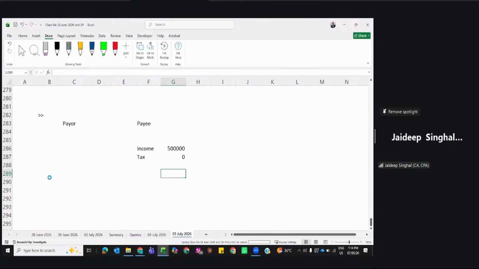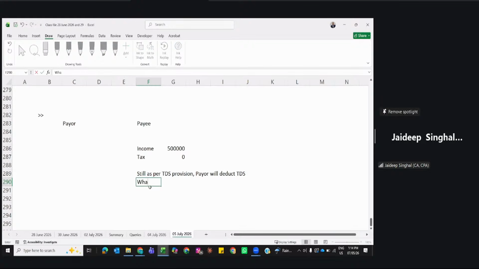Now, the payee knows my income will be 5 lakh and my tax will be 0, but as per TDS provisions, the payer will deduct TDS, because if the payer does not deduct the TDS, he will be at default.